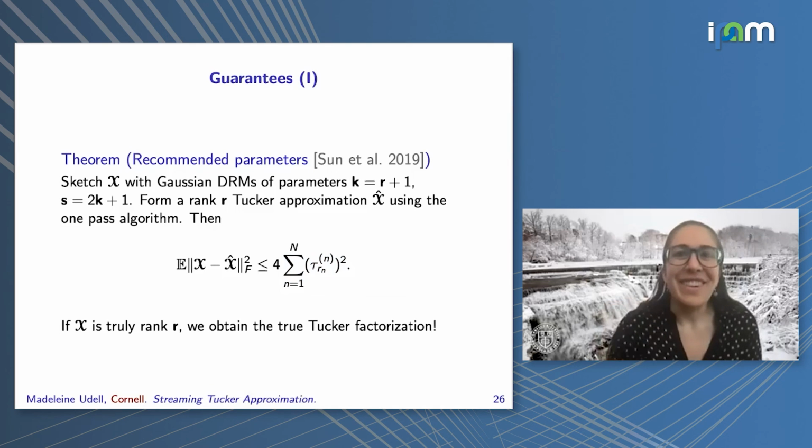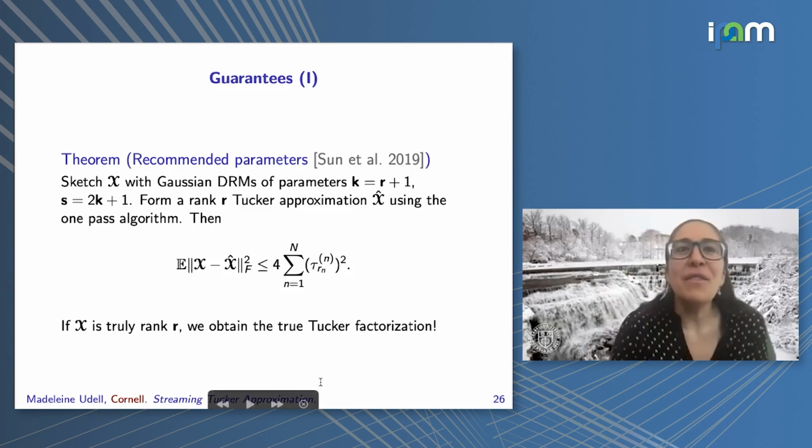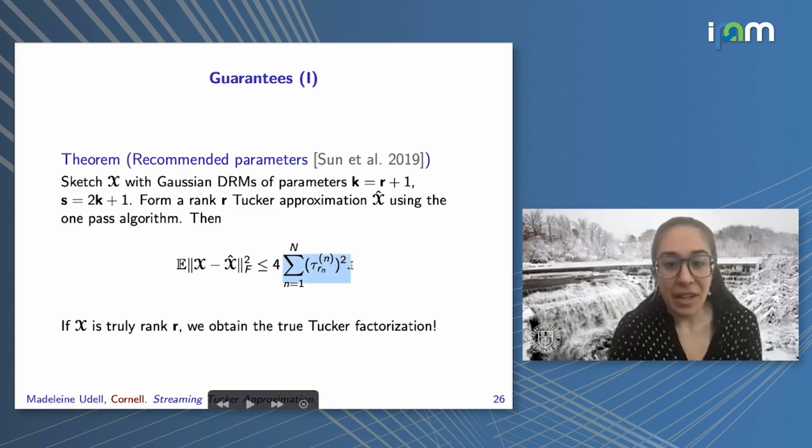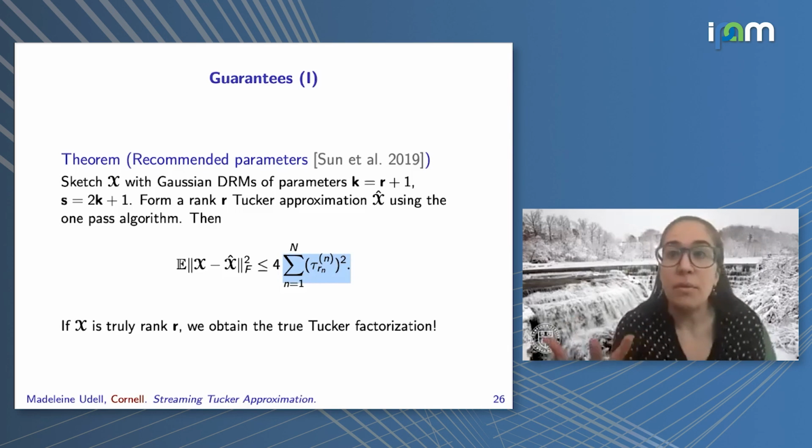Two things to note about this bound. If the tensor you were sketching really is rank R, then the sum of these tail terms is 0, and we get exactly the true Tucker decomposition.